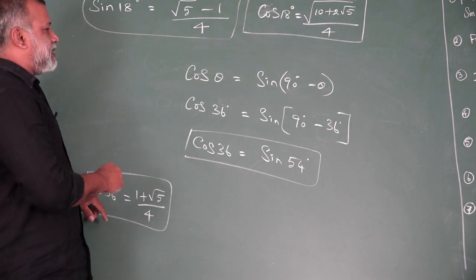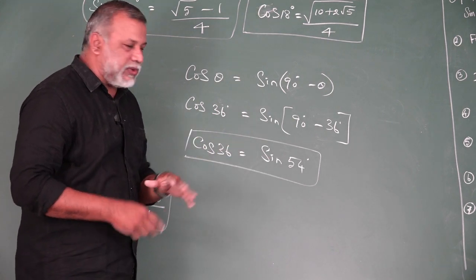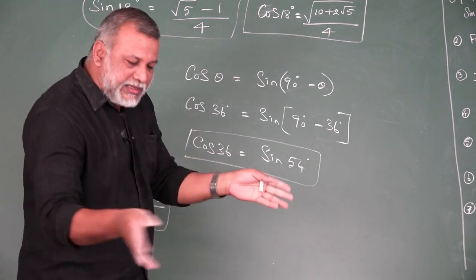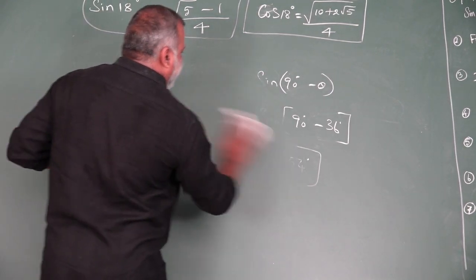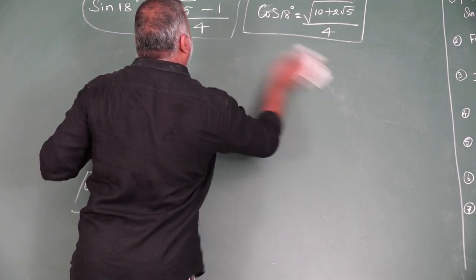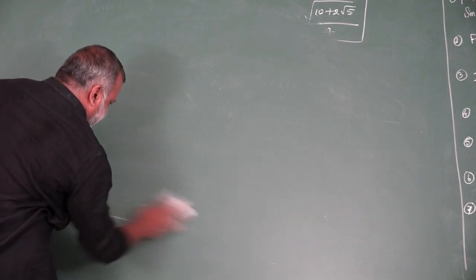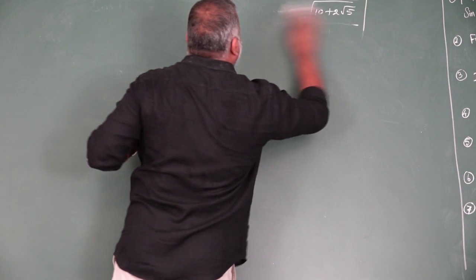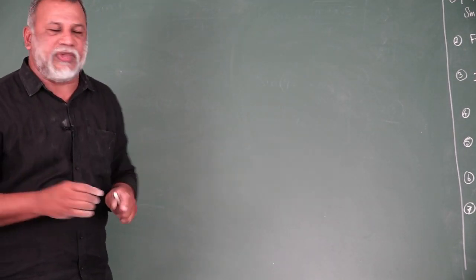With the help of this cos 36 we derive cos 36 equal to sine 54. These 6 results are related to each other. A question may be asked: find the value of sine 18 or find the value of cos 36. So you can relate all these concepts. The first logic in this is, let us consider theta equal to 18. That is the only logic we are using.